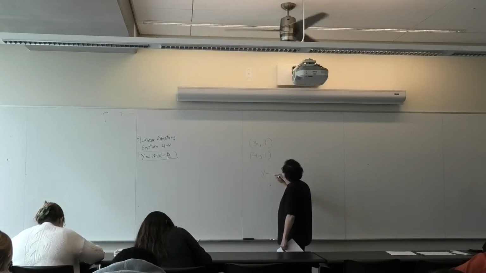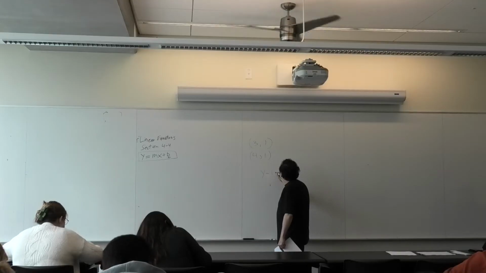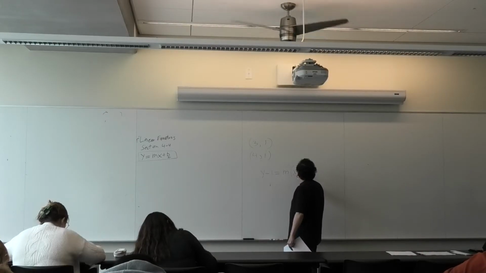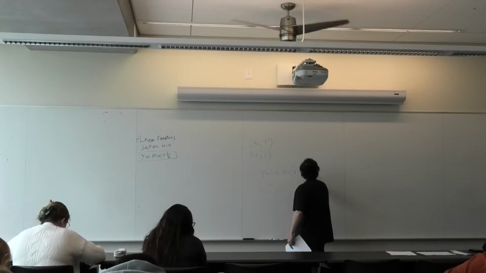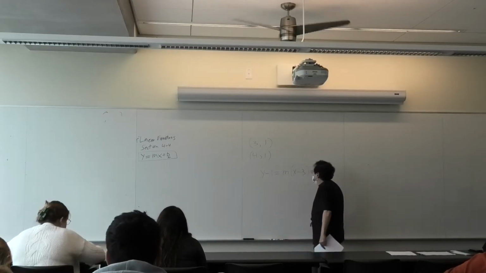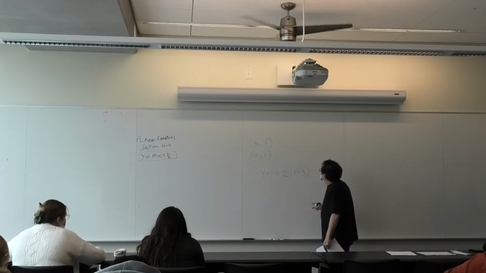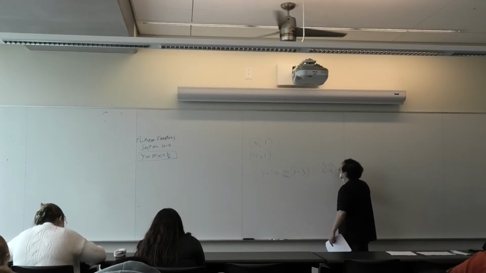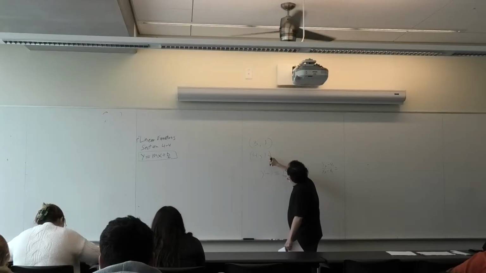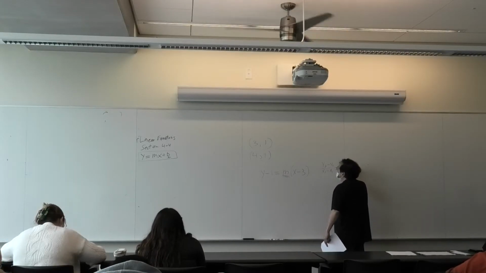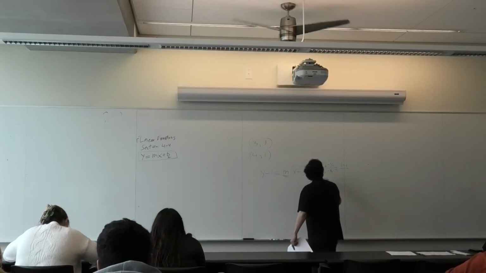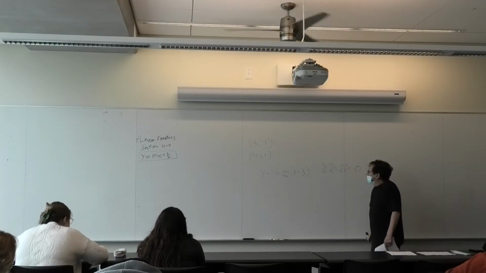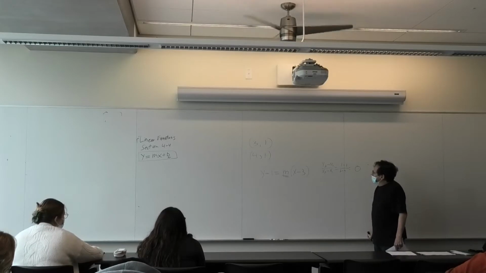Y minus y1 equals m times x minus x1. Okay, so far so good. We got to figure out m. So that's y2 minus y1 over x2 minus x1. Let's see, y2, that's 1, minus 1. 3 minus, uh-oh, 0. Whoa.